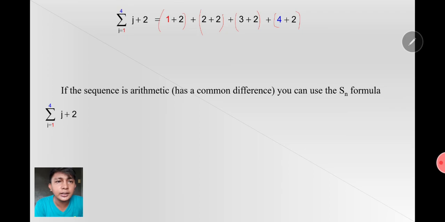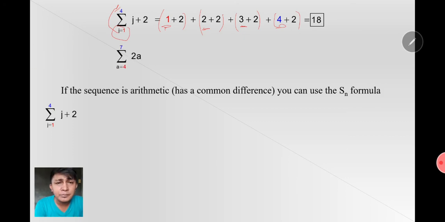Yung mga una dito, sila yung values ni j, 1, 2, 3, 4. So, ang sabi kasi, the sum of j plus 2. So, ito yung j plus 2, where j is equal to 1 up to 4. Kaya 1, 2, 3, 4 ang value niya. So, whose sum is 18.